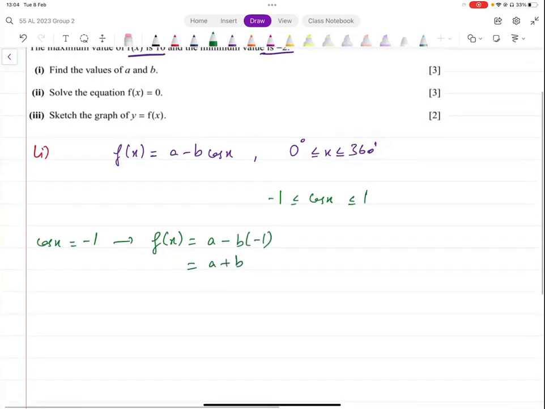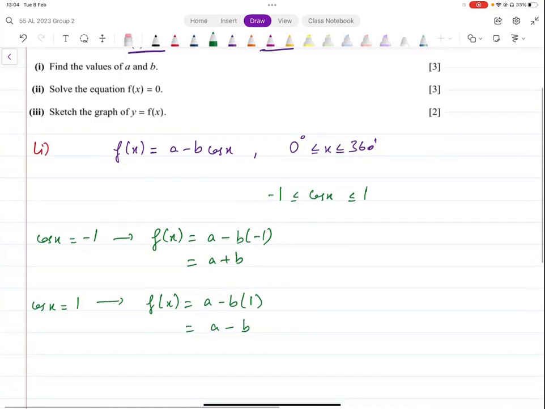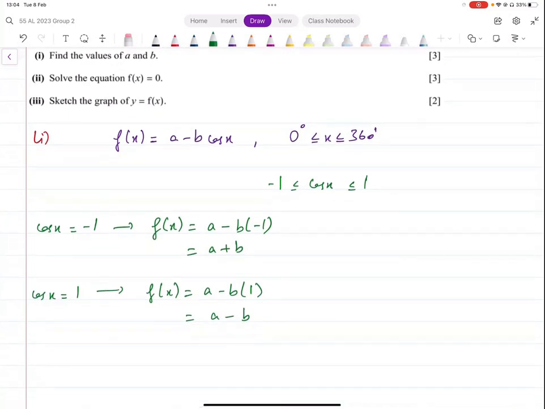That's one value. If we input cos x equals 1, what do we get? We get a minus b into 1, and that is a minus b. These are the two values that we get: a plus b and a minus b.